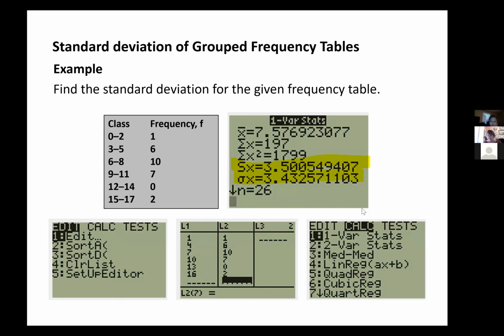Now, you can't put this in your calculator in classes. So what you have to put in your calculator is the midpoint of each class. So you just take the lower class limit and the upper class limit, you add them together and divide by 2.